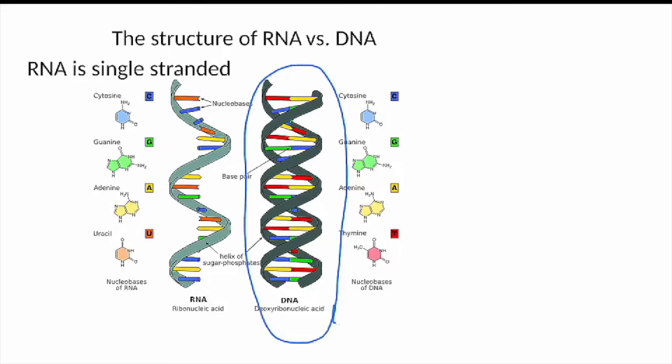DNA is a double helix. It is double-stranded. Oh, I can't spell. Helix. Okay? It's double-stranded. Whereas RNA is not a double helix, it's single-stranded. Okay? So RNA is single-stranded, with exceptions.